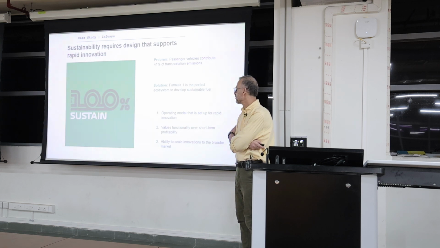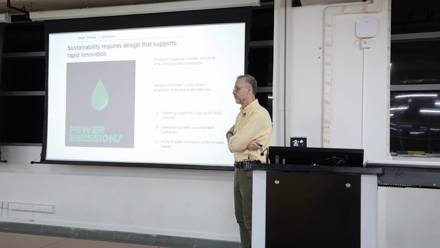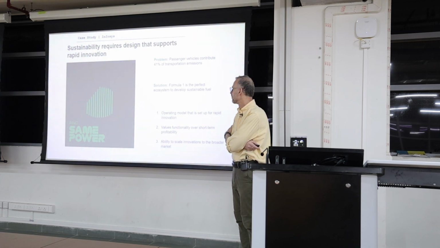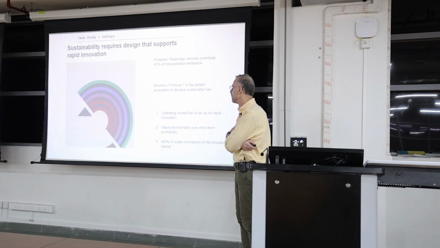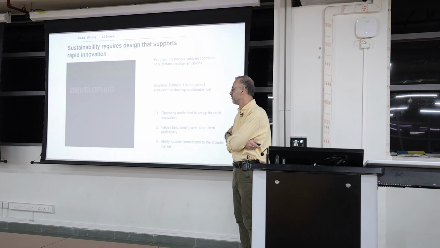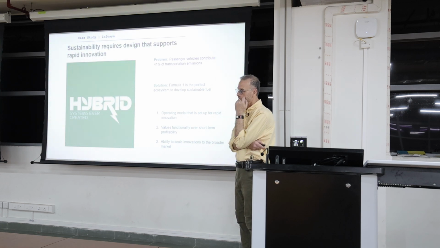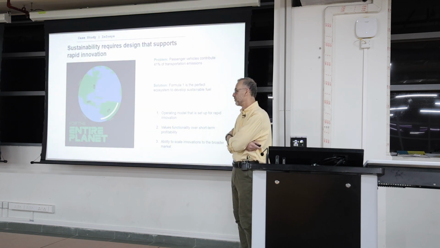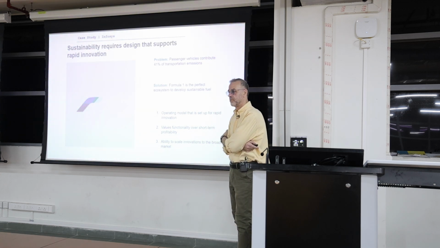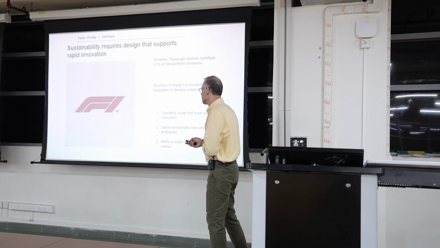The 100% sustainable fuel is unique, lab-created from renewable bio-waste, fewer emissions, more efficient, and saving power packed into every drop. For over 70 years, we've been at the cutting edge of innovation, developing the most efficient power unit and hybrid systems ever created. F1 is helping drive a green revolution for the entire planet. This is just the beginning of what is possible.